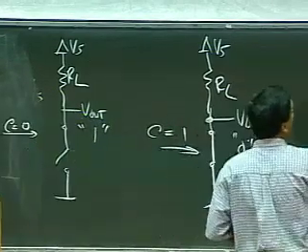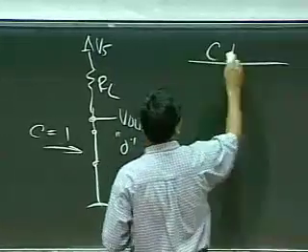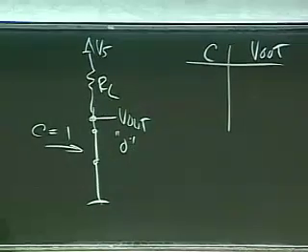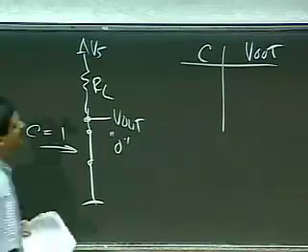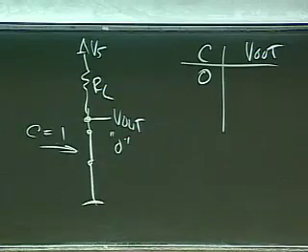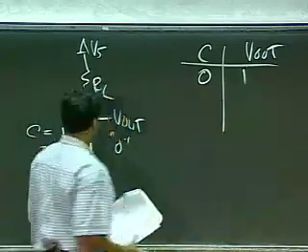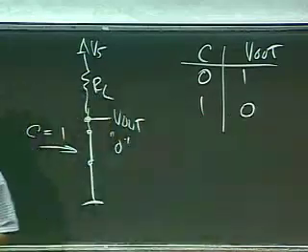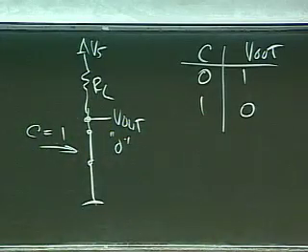So I can build a simple truth table for C and my output, and use logical symbols here. When C is a 0, I get a high at the output. And when C is 1, I get a low at the output. Have you seen a device that behaves like this so far?